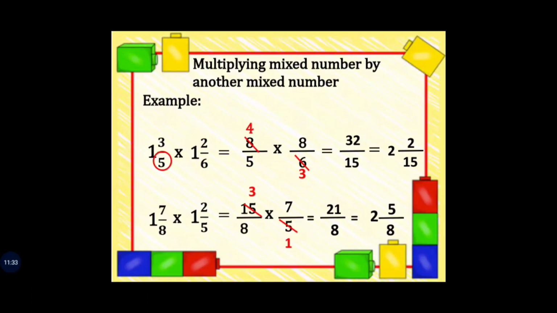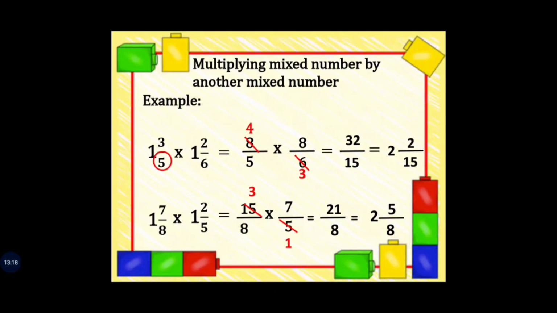But, before we multiply, titingnan muna natin kung meron bang mga numbers na pwede nating i-reduce muna o paliitin natin, o titingnan natin kung meron silang GCF. Okay? So, kung meron silang GCF, gagawin muna bago tayo mag-multiply. Then, pagkatapos mo na i-multiply, tingnan mo agad yung sagot if the answer is in the simplest form.